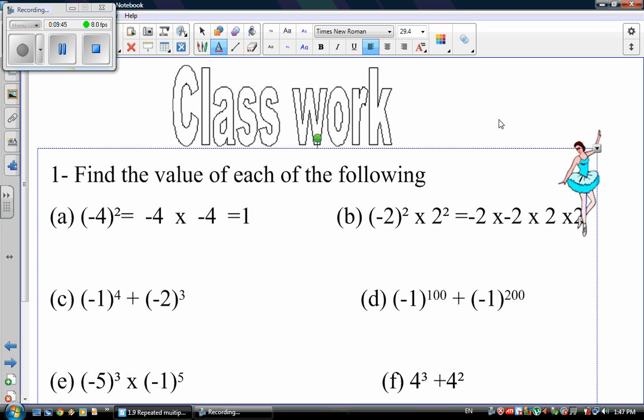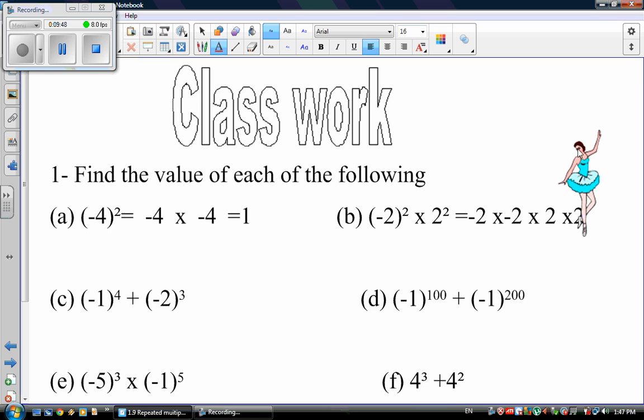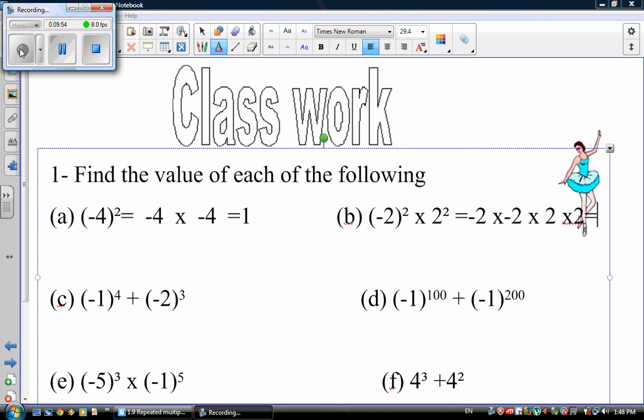If we multiply them, we have to multiply the signs first. Negative times negative will be positive, positive times positive will be positive, but I'm not going to write the positive sign. Next, 2 times 2 is 4. 4 times 2 is 8. 8 times 2 will be 16.